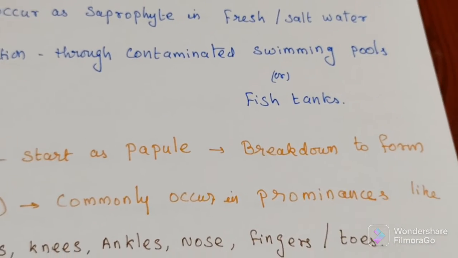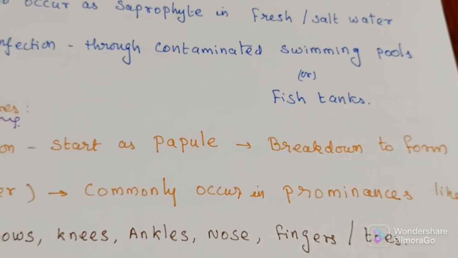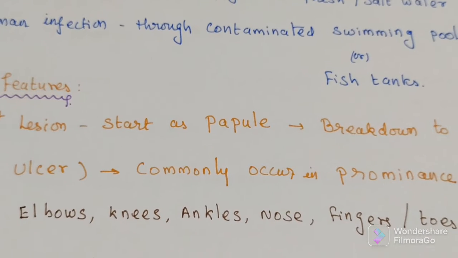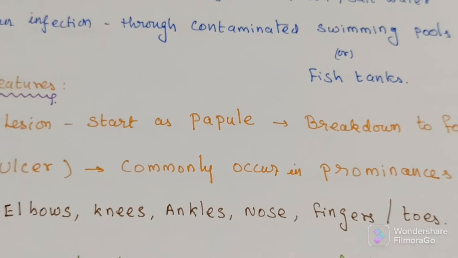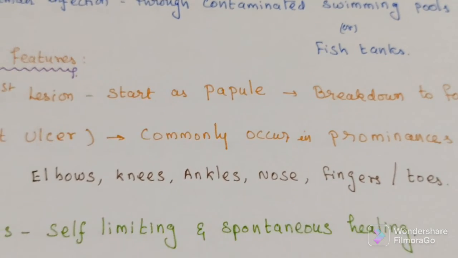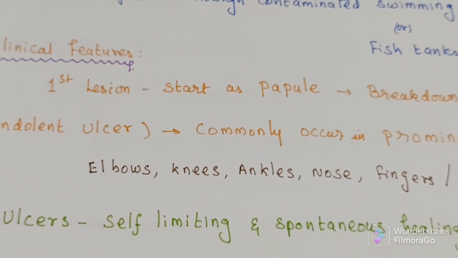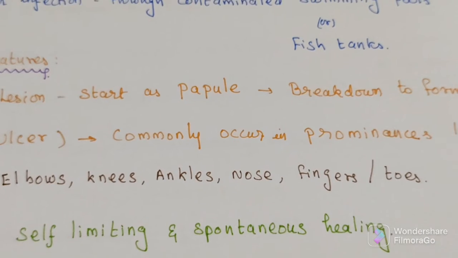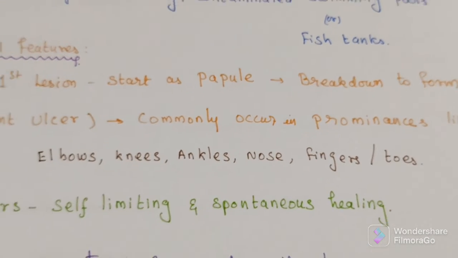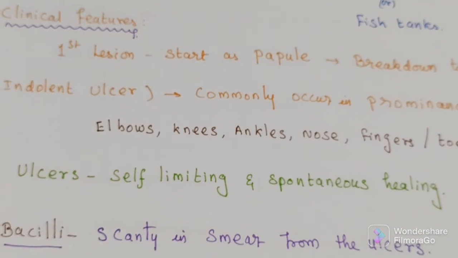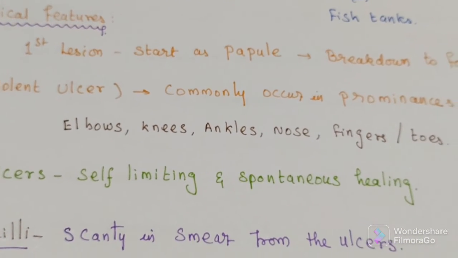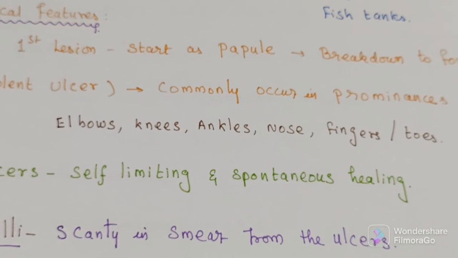This most commonly occurs on prominences like the elbows, knees, ankles, nose, fingers, and toes. These ulcers are self-limiting and undergo spontaneous healing. Here the bacilli are scanty in smear from the ulcer.